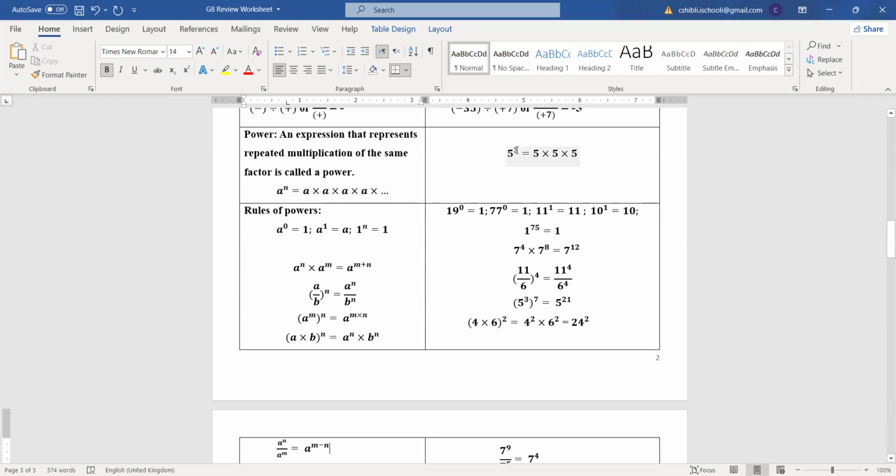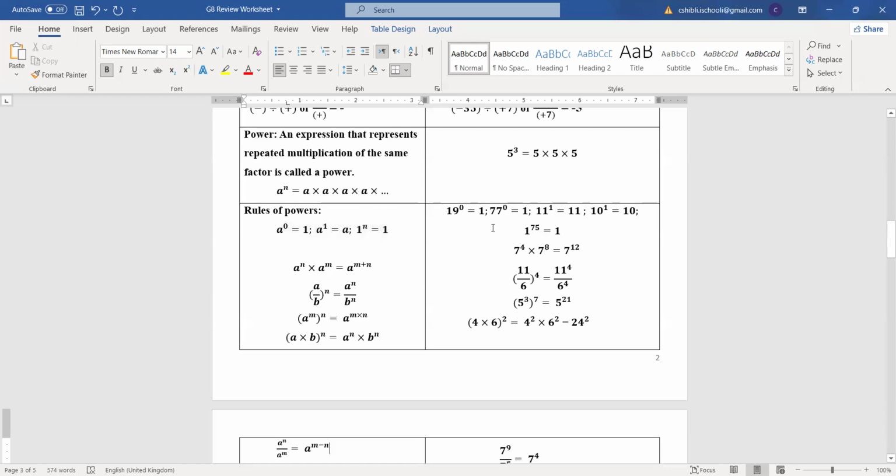In our lesson on powers, we learned important rules of exponents, or rules of powers. Any number to the power 0 always gives you 1. And any number to the power 1 always gives you the number itself. 1 to the power n is always 1.